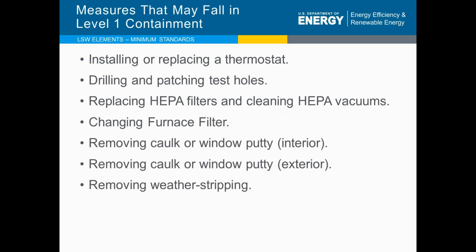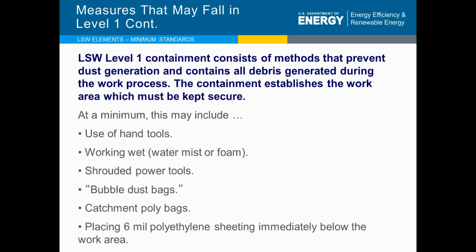And here is a list in the curriculum of things that may fall under this. These are small jobs, very small jobs in some cases. But if we are disturbing a painted surface, level 1 is required.